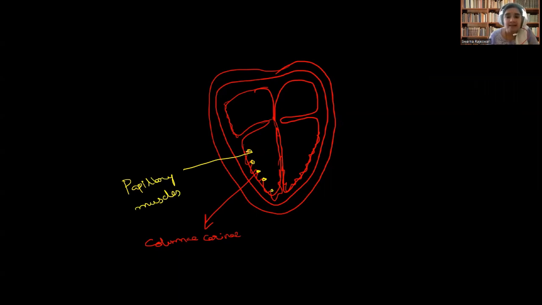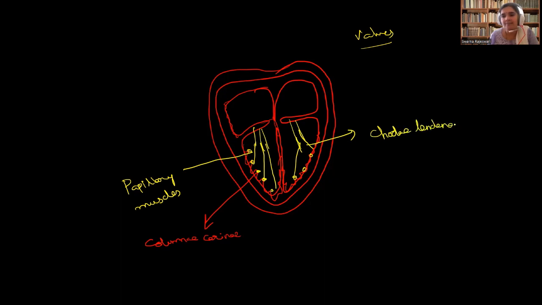And these papillary muscles will again be connected to the valves, here also there will be papillary muscles. I will explain what these valves are. They are connected to the valves by what are called chordae tendineae.